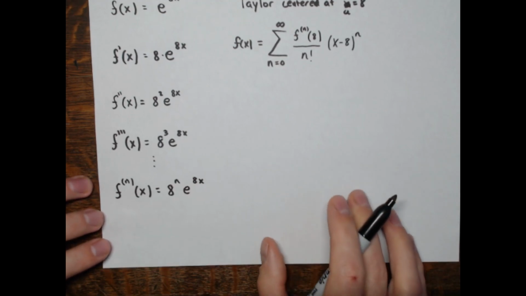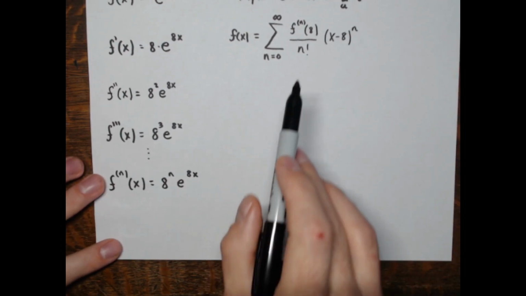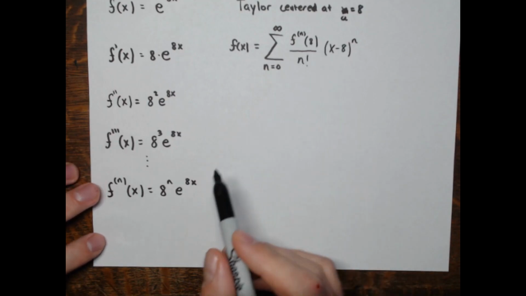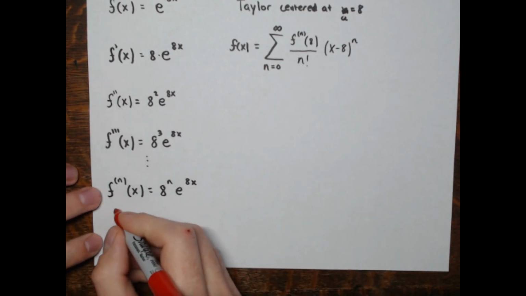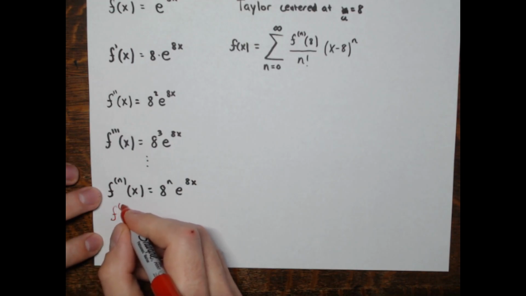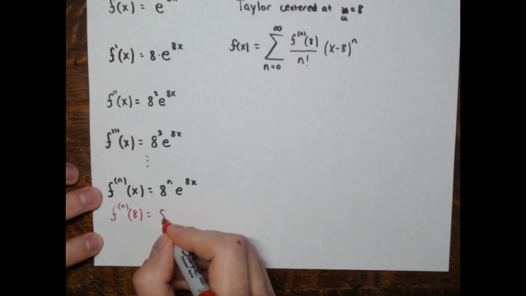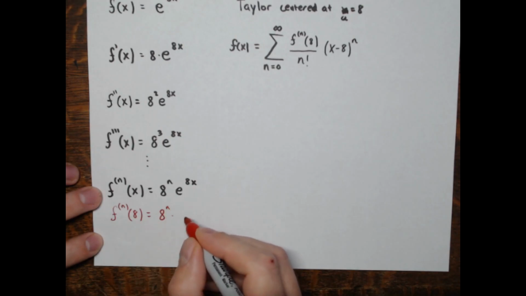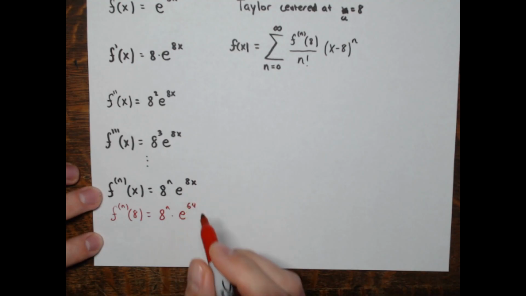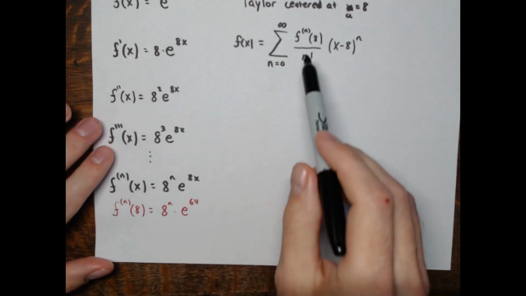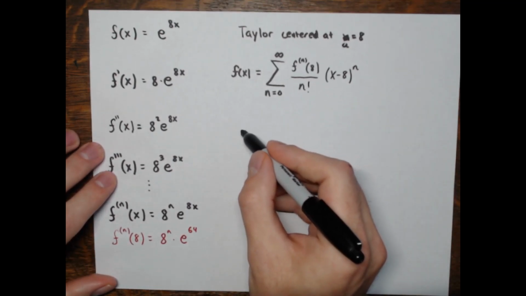Right? And what we want in our formula here is the value of the nth derivative at 8. So the value of all of these at x equals 8 would be whatever 8 to the nth power is times e to the 64th power. Right? e to the 8 times 8. So I'm going to put this into my series here. And here we go.